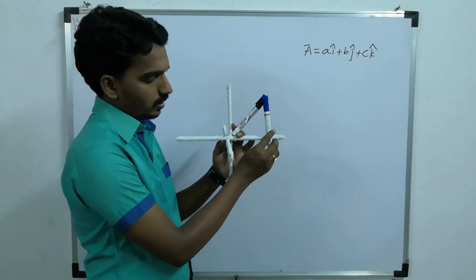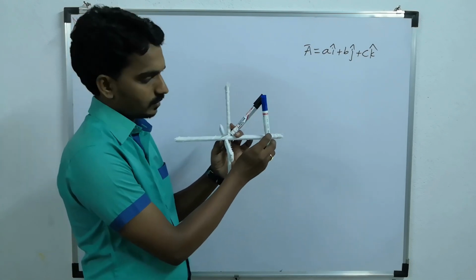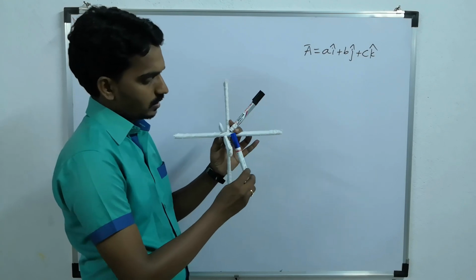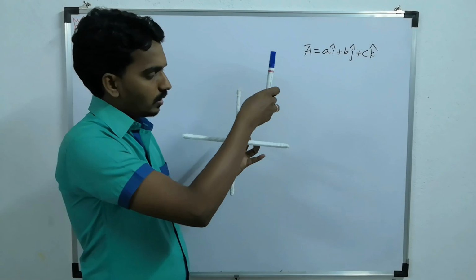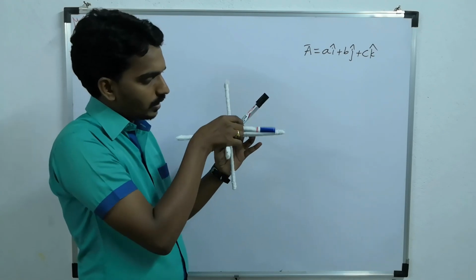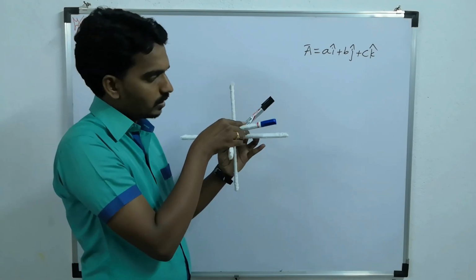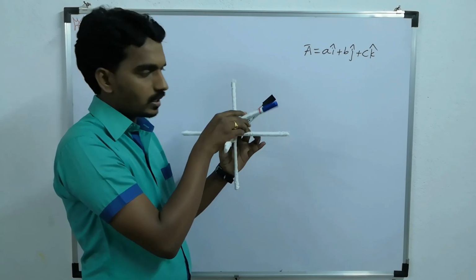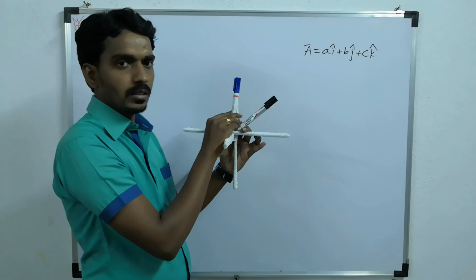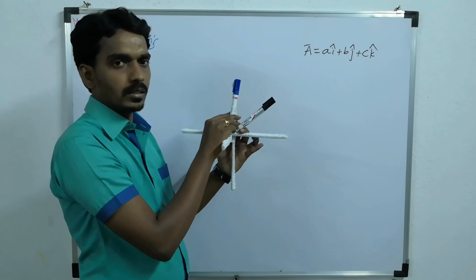So this vector you can divide into 2 parts, one along the x-axis and one along the y-axis.